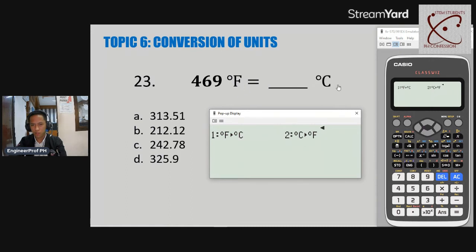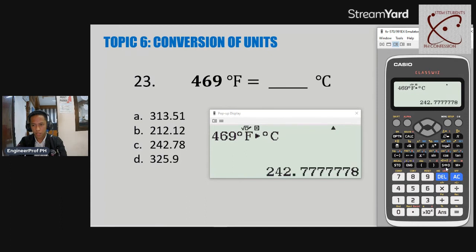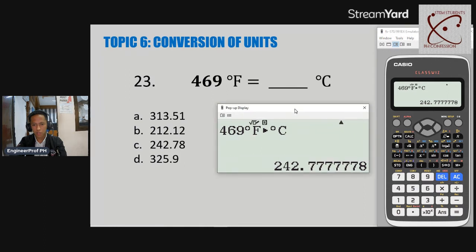So this is degrees F to degrees C. So that's number 1. Then lagay natin dito. So degrees F is 469. So the value of 469 degrees F in degrees Celsius is 242.78 degrees C. Okay, so that is letter C.